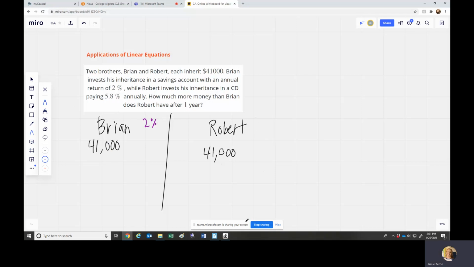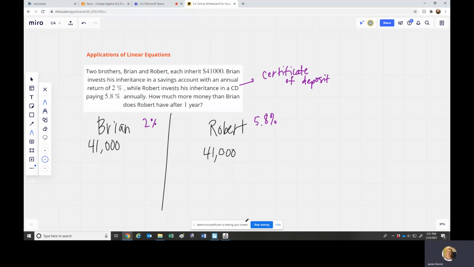And Robert invested in a CD, which is shorthand for a certificate of deposit. You may have heard your grandparents talk about these. These are very safe investments that you can get at your bank. So Robert obviously is making more money than Brian. So we're trying to figure out how much more money Robert has after a year.